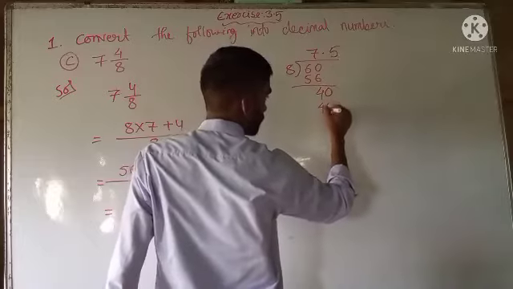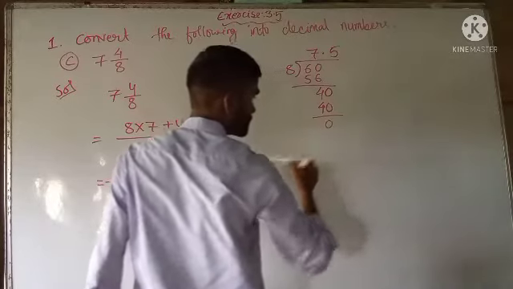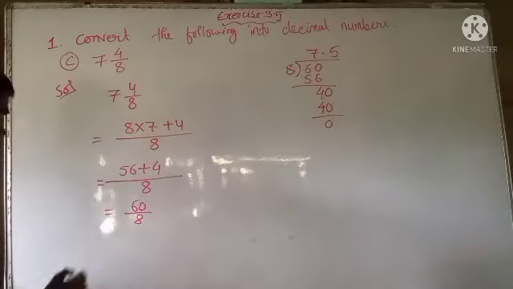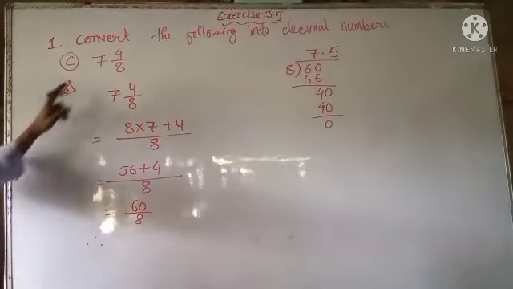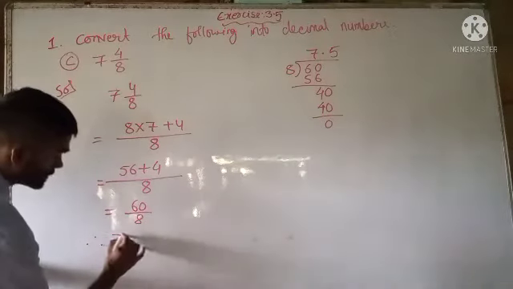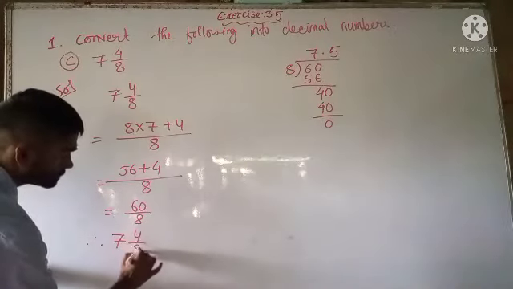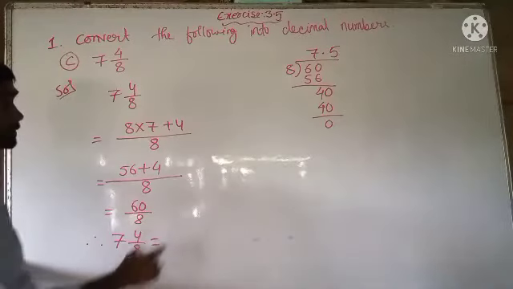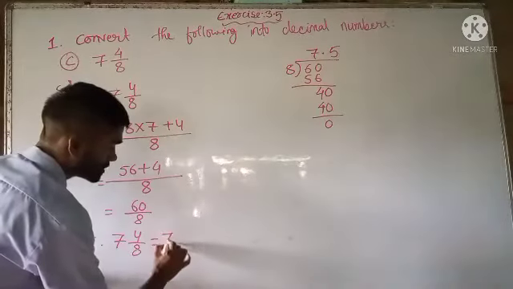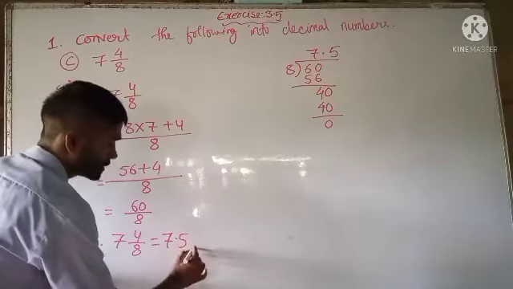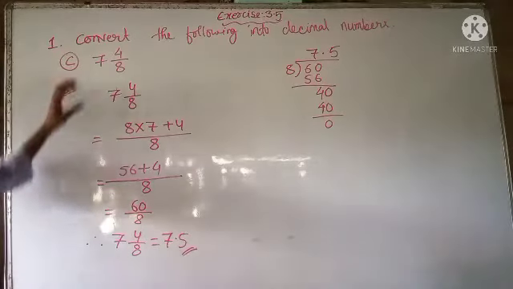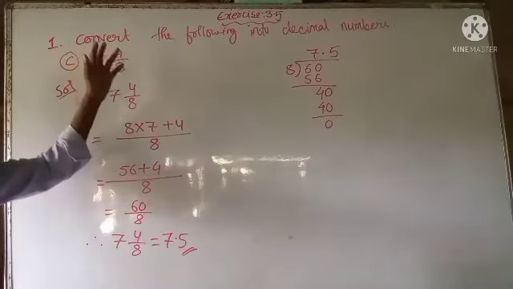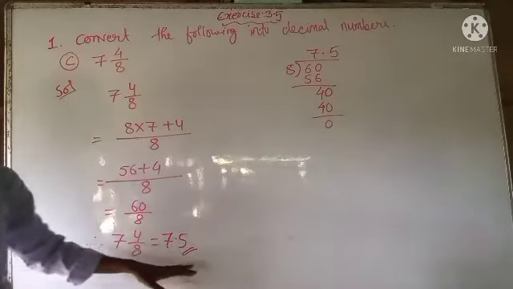So 8 5s are 40. Remainder 0. Therefore 7 4 by 8 is equal to 7.5.